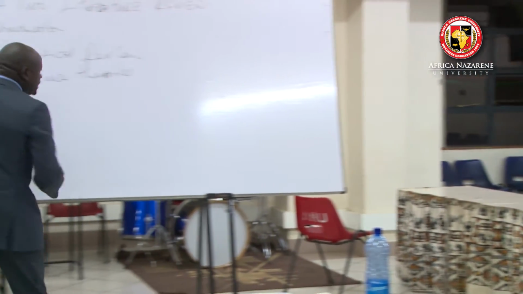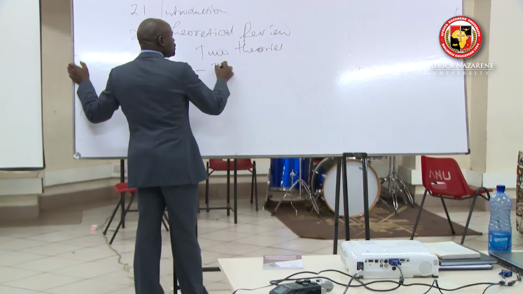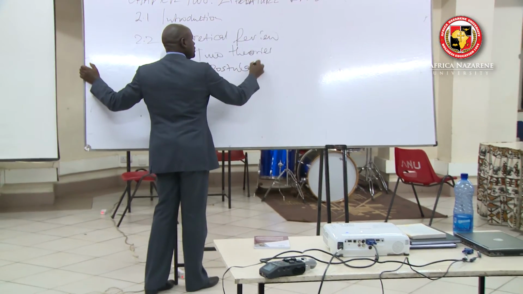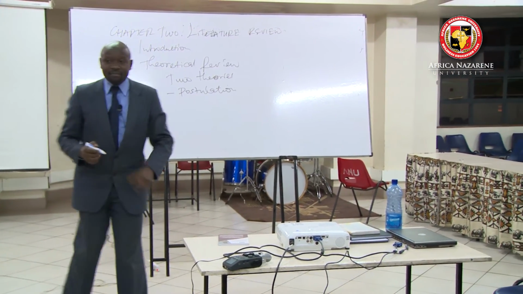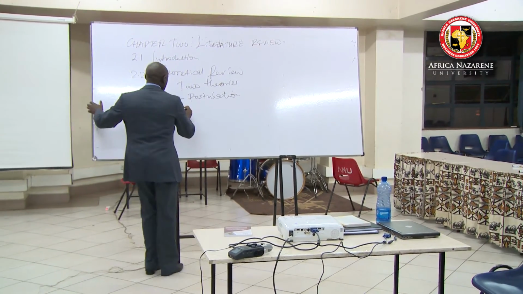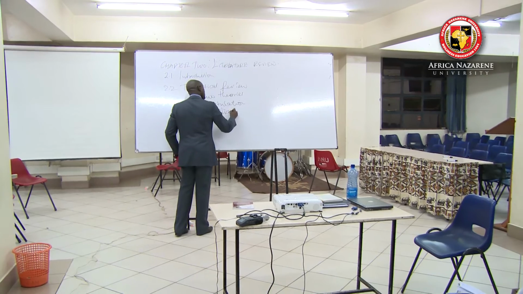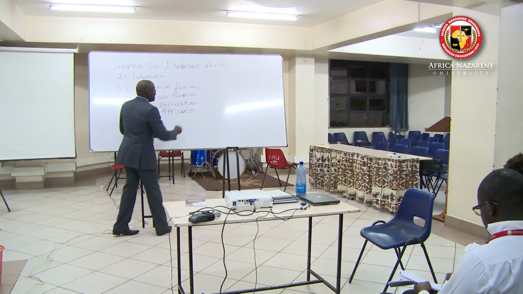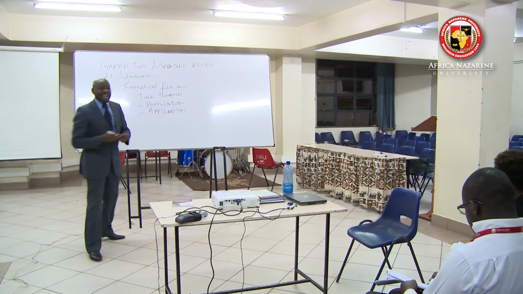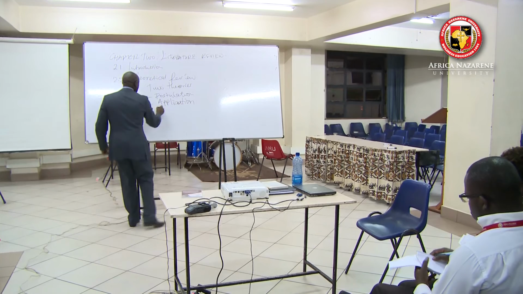Okay? Now, key issues that you should talk about that theory. Number 1, postulation. What is postulation? What does the theory say? Number 2, application. How does a theory apply to your study? Number 3, proponents.